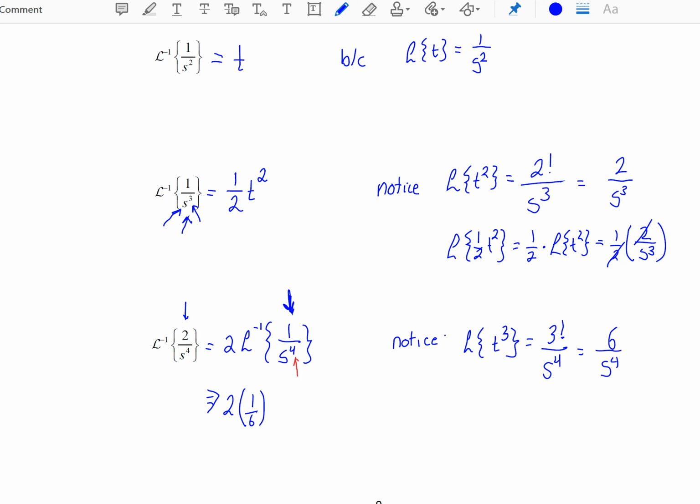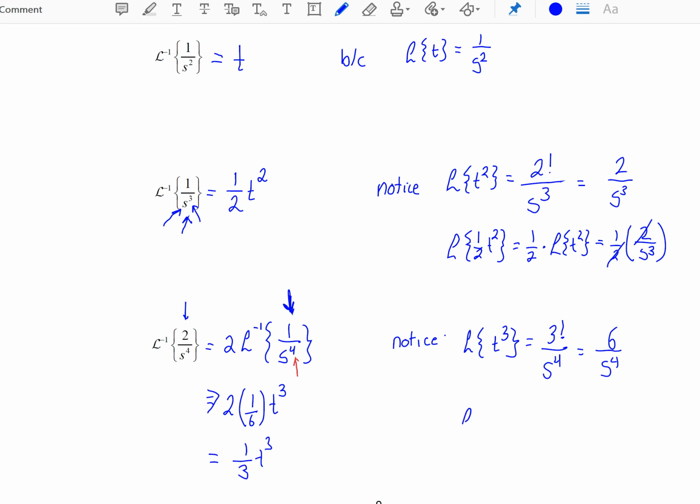And then we would have t cubed. If we want to verify this is right, notice that this is going to be the same as 1/3 t cubed.